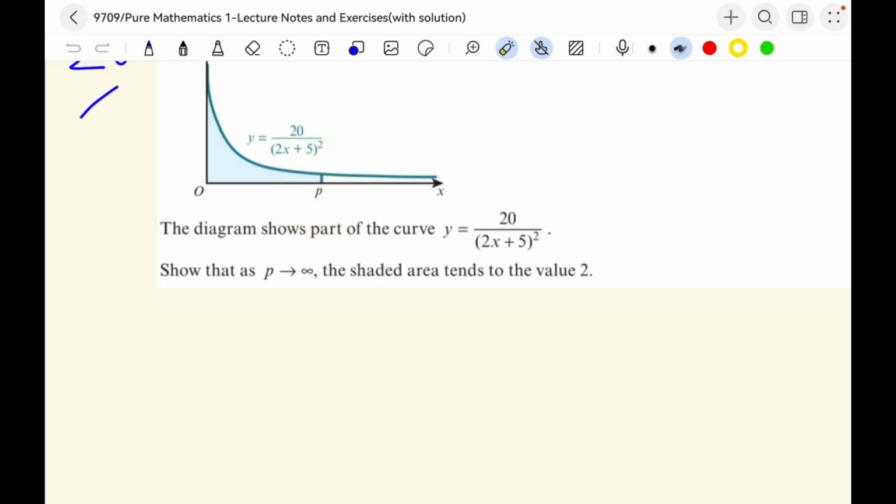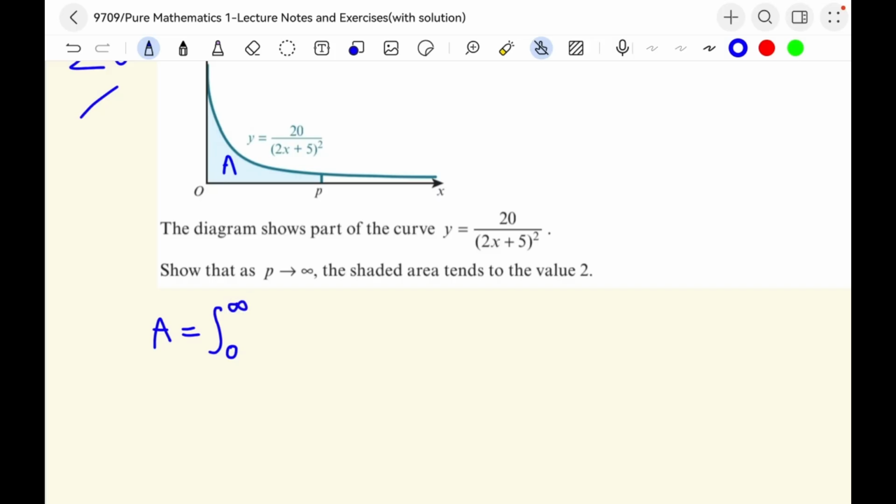All right. So the area is A. You can put R, but for this question I put A for your understanding. A is equal to the integration. It's a definite integral, that is the area under the curve, starting from 0 to infinity.